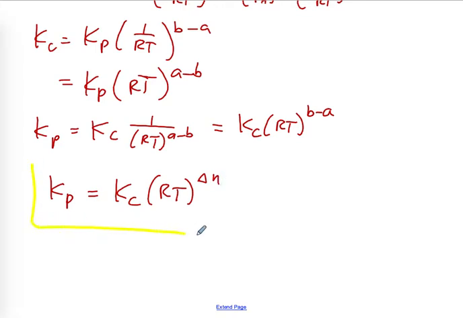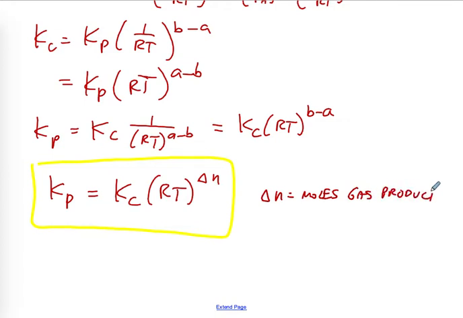There is my equation, for which delta n equals moles of gas product minus moles of gas reactant. Or more specifically, the sum of the coefficients of all of the gaseous products minus the sum of the coefficients of all the gaseous reactants.